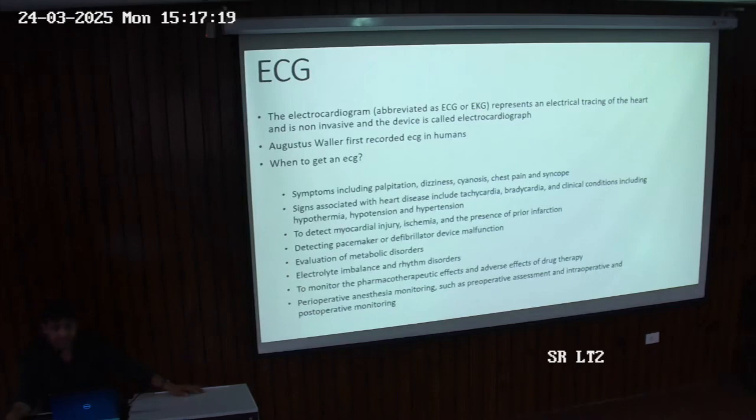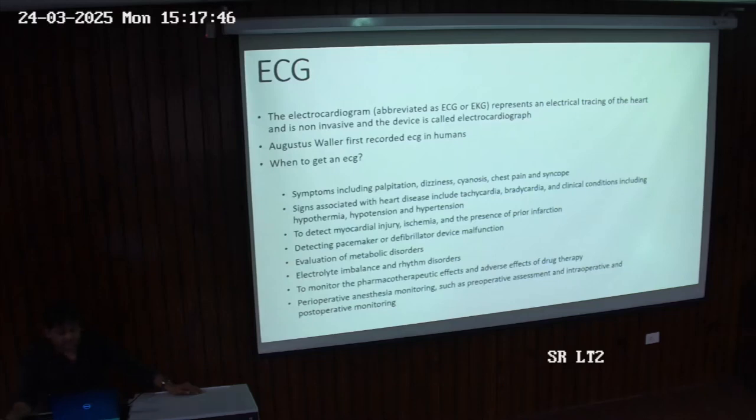If there is pericarditis or pericardial effusion, sometimes the patient also comes with chest pain, and this chest pain should be ruled out by ECG. Syncope: sometimes the patient complains of sudden onset of weakness, fatigue, sudden onset of dizziness, chakkar, or unconsciousness. All these, including palpitation, are indications for the ECG.